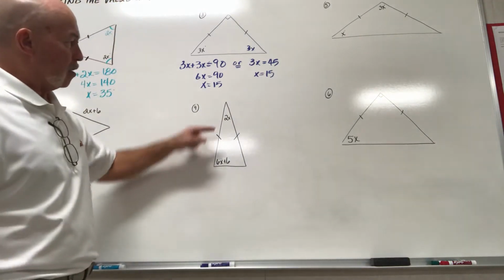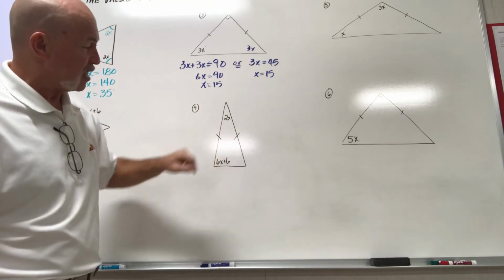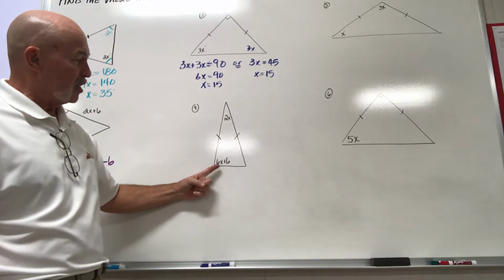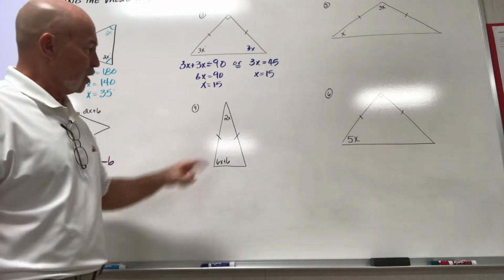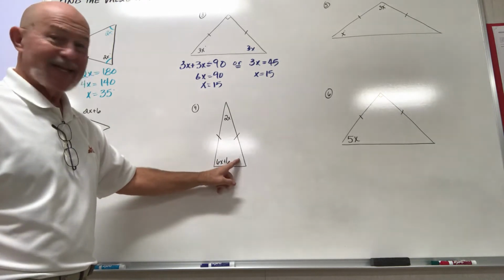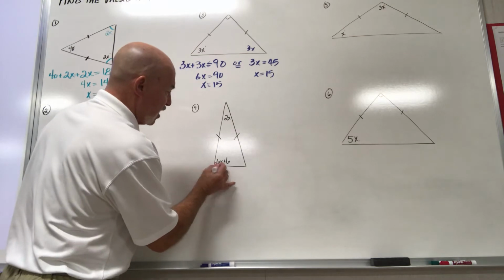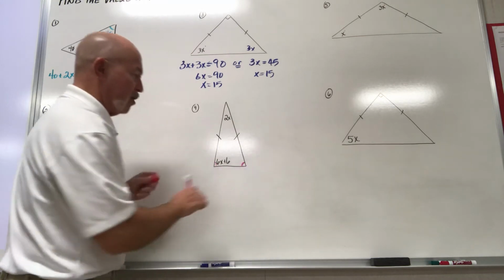Okay, down here, my vertex angle, and I know it's a vertex angle because these sides are equal, which means this angle equals this angle. This is 2x. This is 6x plus 6. That means this has to be 6x plus 6. This angle and this angle are equal.